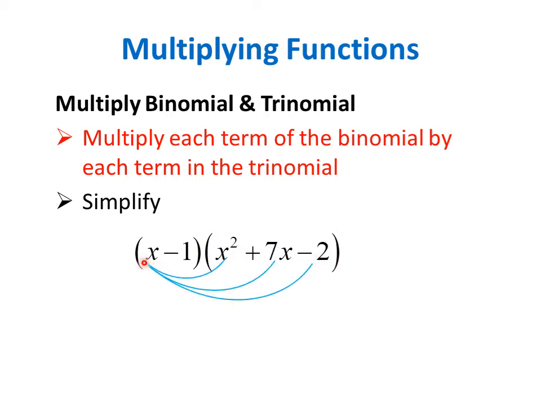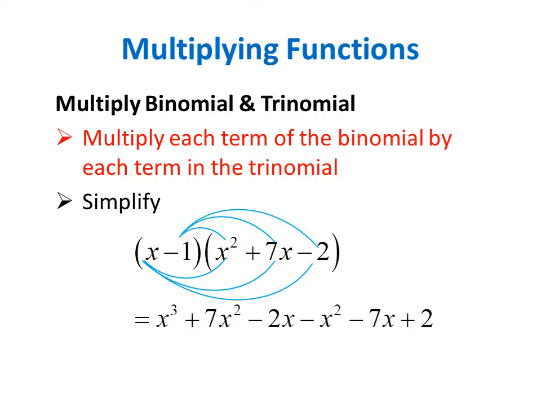So, we have to multiply the first term of the binomial to each term of the trinomial. Once we're done with that, we have to multiply the second term of the binomial to each term of the trinomial.